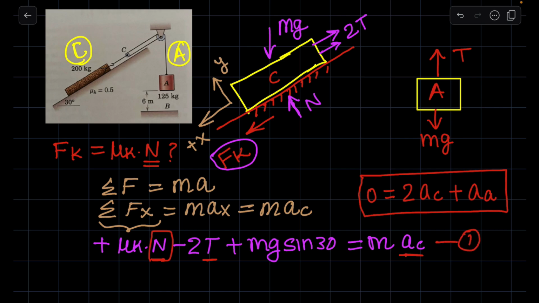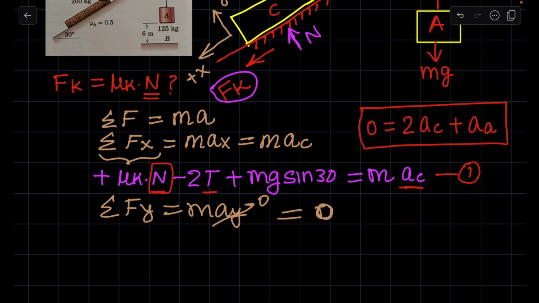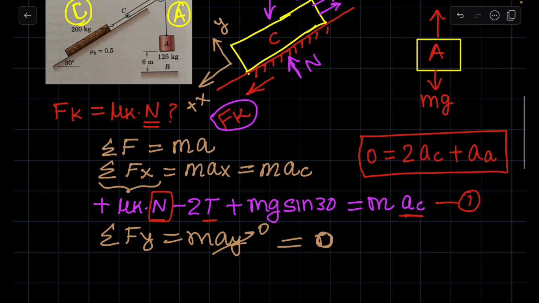Now let's go for Fy is equal to m times Ay. Since there is no motion in the y direction, I can say Ay is 0, or simply m Ay is equal to 0. So I will bring all the forces in the y direction.